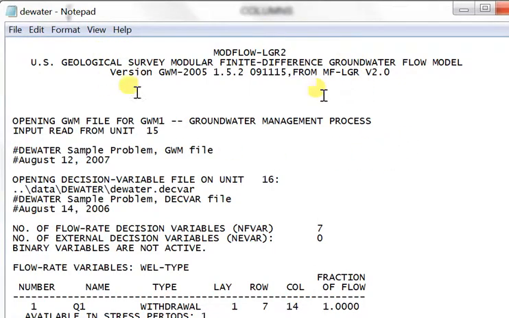So first we note that the version of GWM that we're using, 1.5.2, was built from MODFLOW LGR version 2. And this reminds us that GWM 2005 is intimately connected with a particular version of MODFLOW.